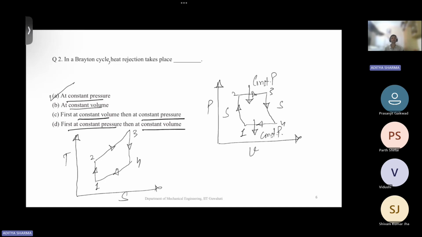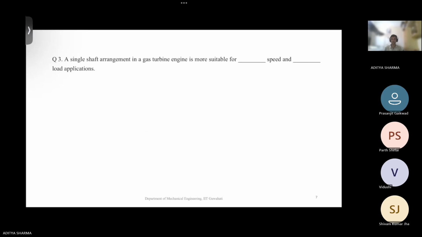I hope this is clear. Then moving on to the next question. Please try to answer this.